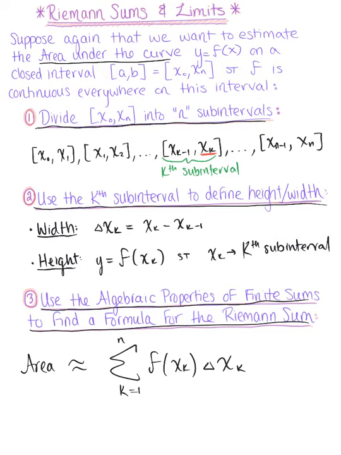This is our Riemann sum. And again, to get the exact area, we then apply the limiting process to this summation. So let's go ahead and take a look at some examples.